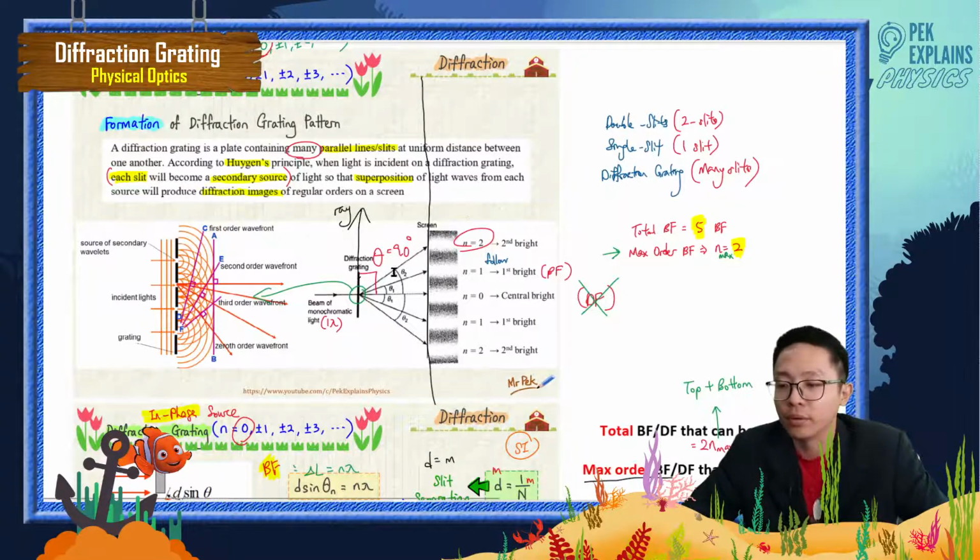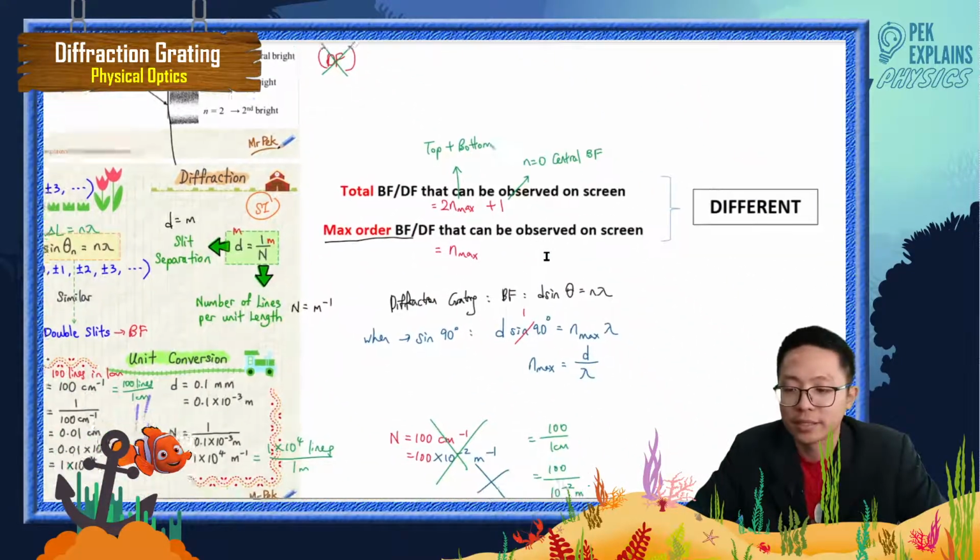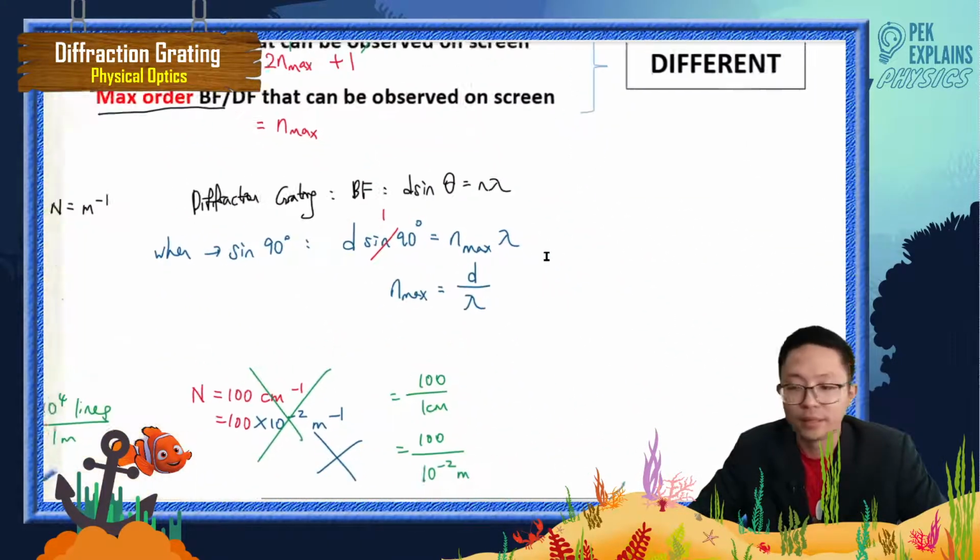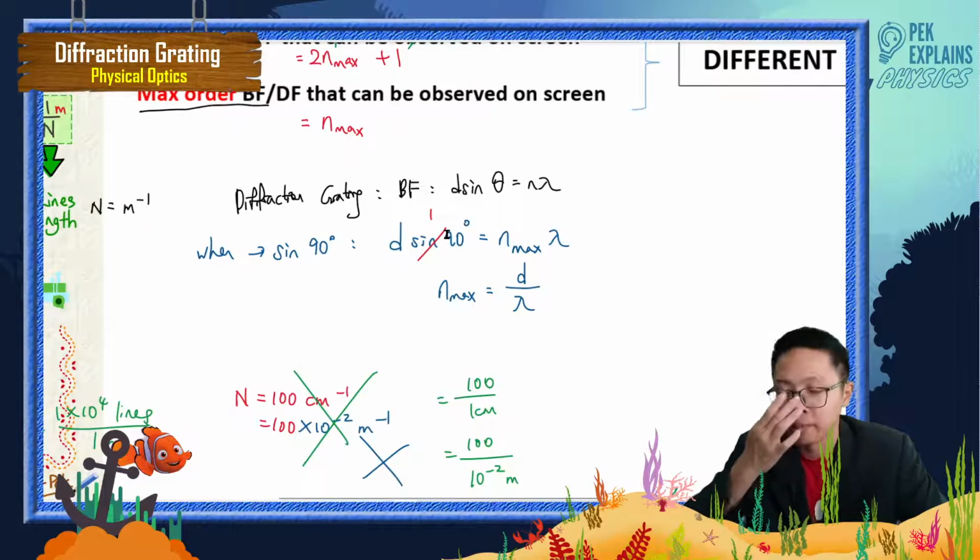Then you will reach the top of the screen and show the maximum bright fringe. You understand? When theta is 90 degrees, that's why we use sine 90.